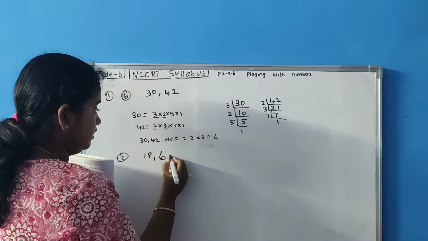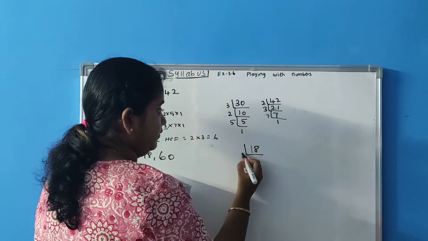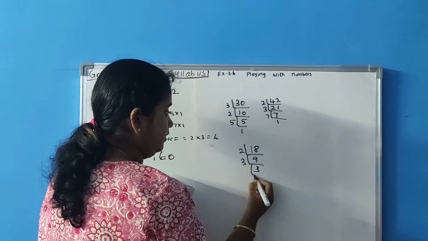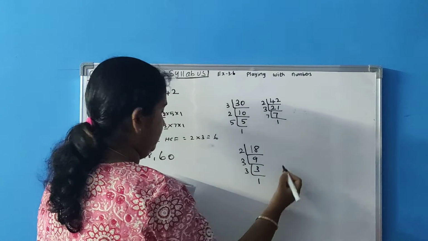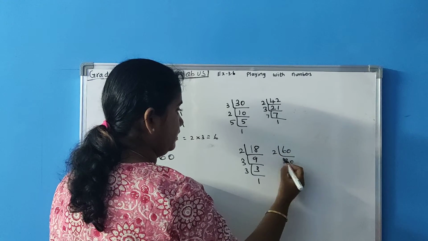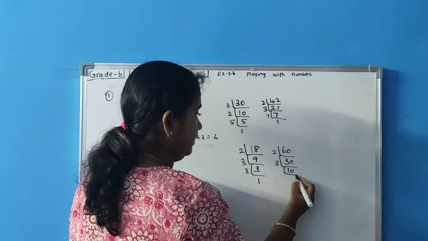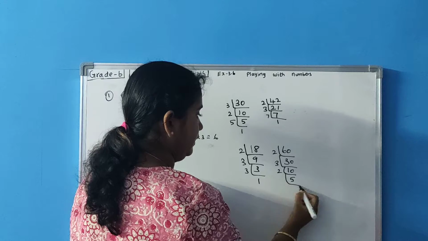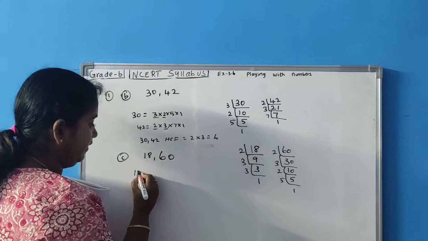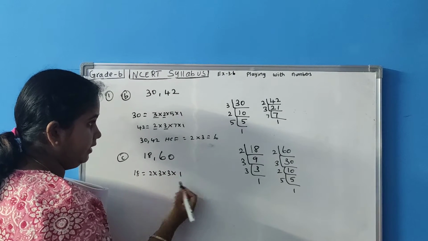18 and 60. So 18, find the factors. 2, 9 2s are 18, 3 3s are 9, just now we saw, right? 3, 1. Okay, 60. 2, 3 2s are 6, 30, then 3 table, 10 3s are 30, then 2 table, 5 2s are 10, 5, 1. Now write the factors of 18: 2 into 3 into 3 into 1.